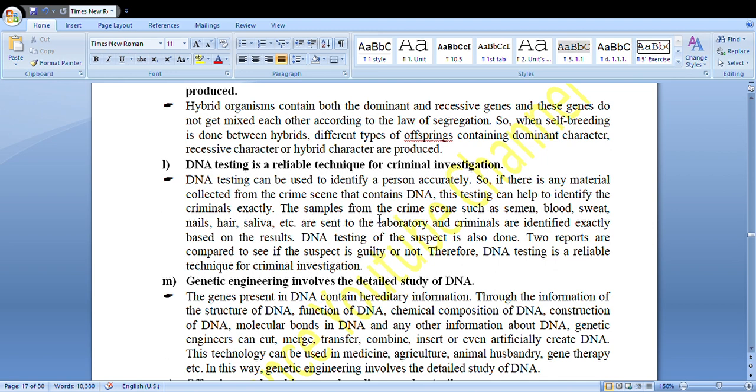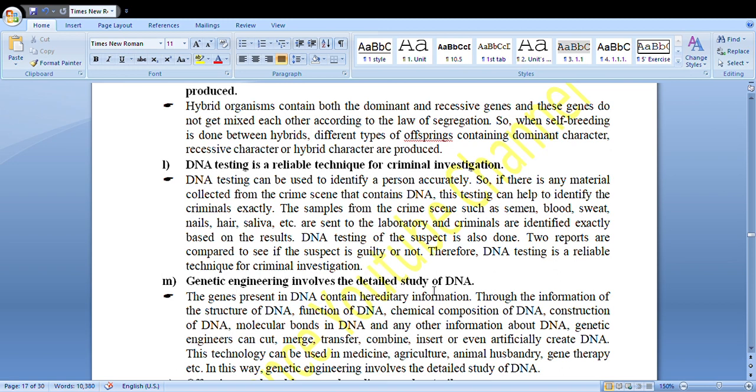Samples from the crime scene such as semen, blood, sweat, nail, hair, saliva, etc. are sent to the laboratory, and criminals are identified exactly based on the result. DNA testing of the suspect is also done. The two reports are compared to see if the suspect is guilty or not. Therefore, DNA testing is a reliable technique for criminal investigation.